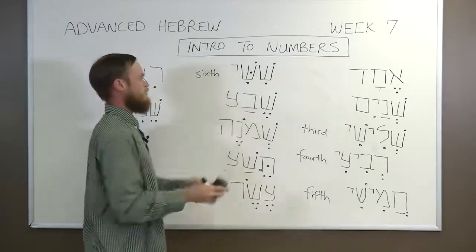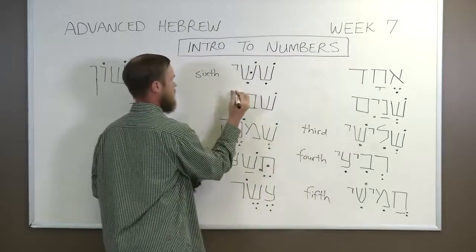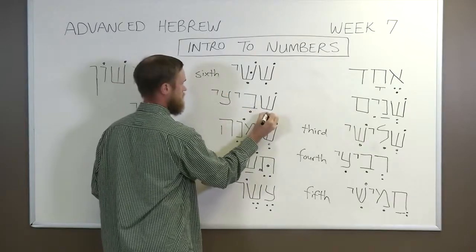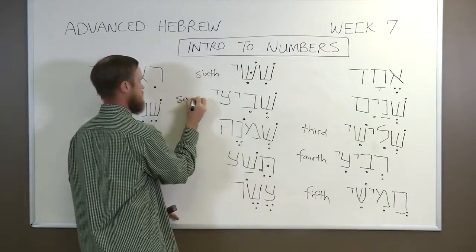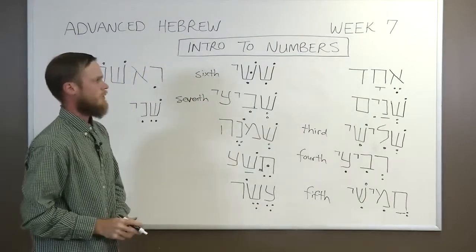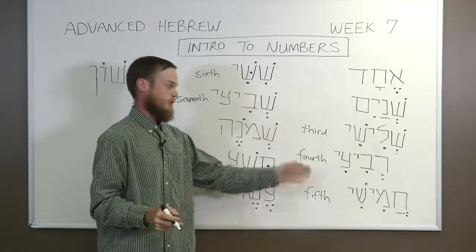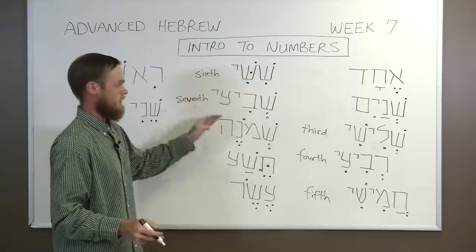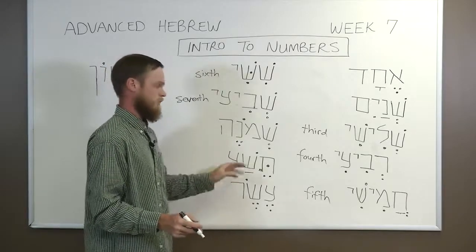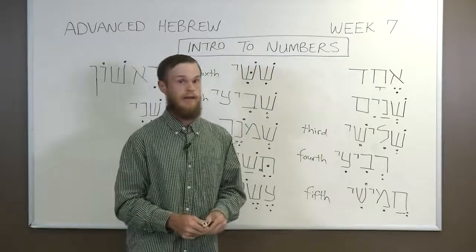All right. Shvi'i for seventh, and so on. Okay. So Rishon, Sheni, Shlishi, Revi'i, Chamishi, Shishi, Shvi'i, Shemini, Teshi'i, that one's hard to say, and Asiri. Okay, that's first through tenth.